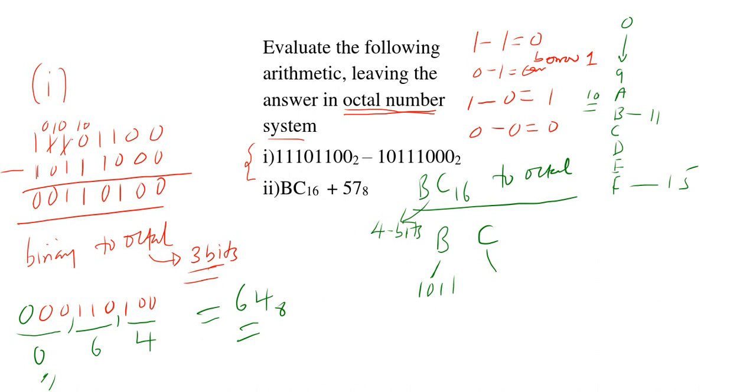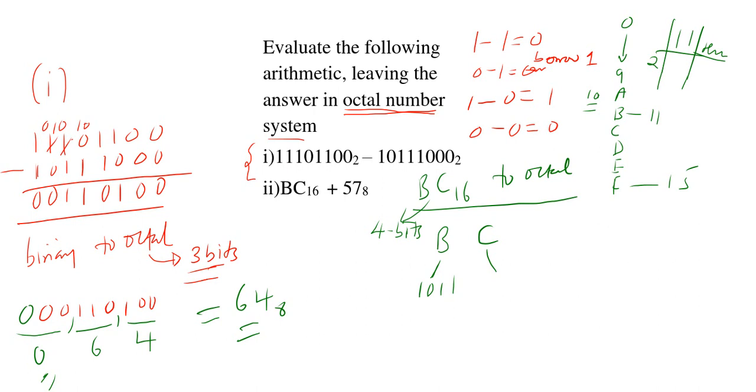If you cannot remember this value, using this table, if you know it is 11, you can use the normal method, which is you divide 11 repeatedly by 2, writing the remainders on the other side, and you will be able to get this value.